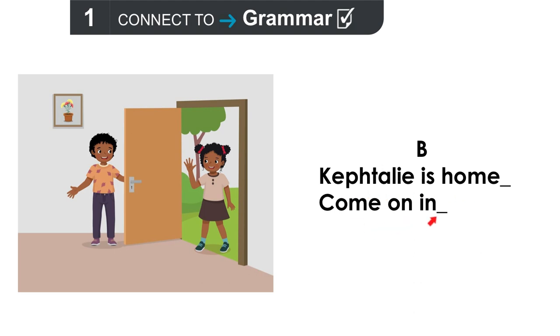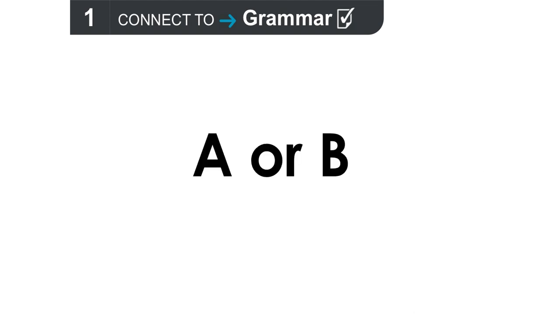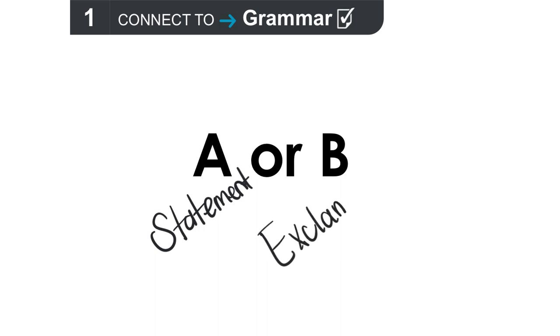Come on in!" Which one do you think was a statement and which one do you think was an exclamation? If you said that A was a statement and B was an exclamation, then you are correct.